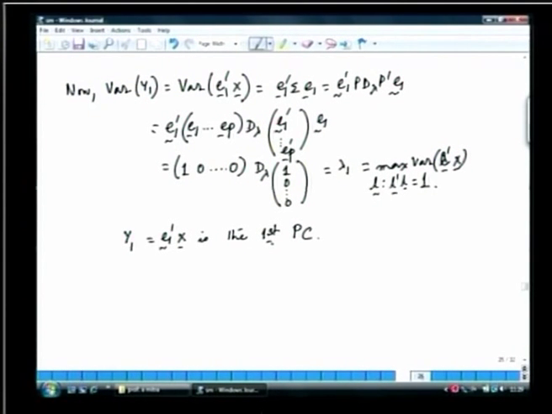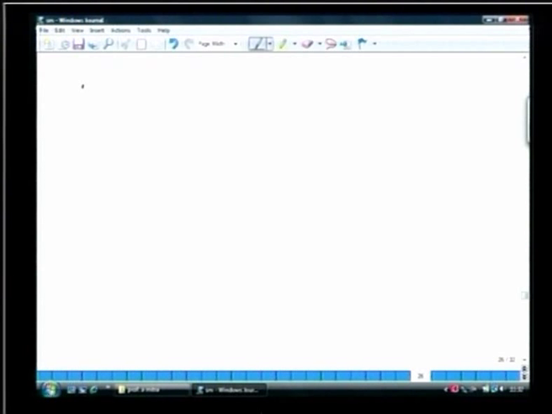Then I go to the next one, that is construction of the second principal component. So, next we consider y2, another linear combination of the original variables x1 to xp. Now here we have to remember two things.